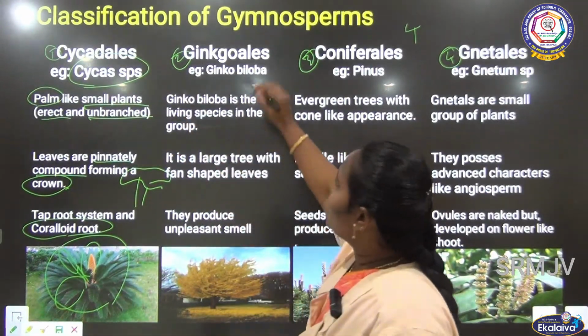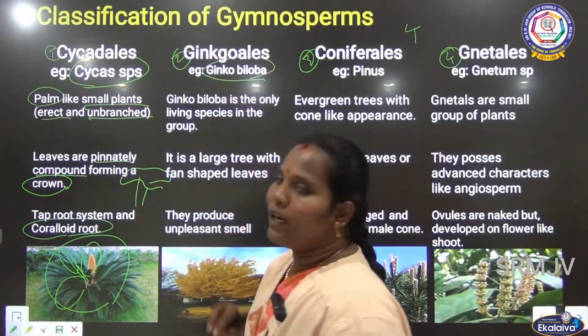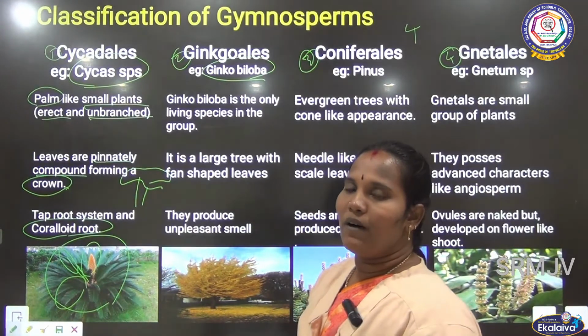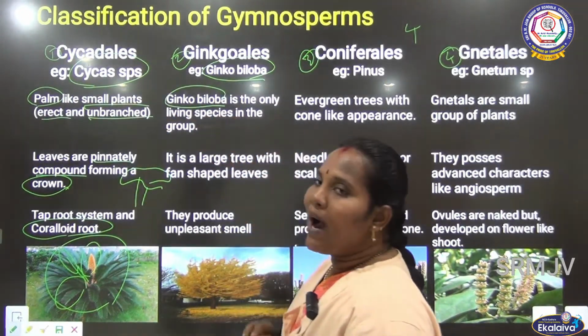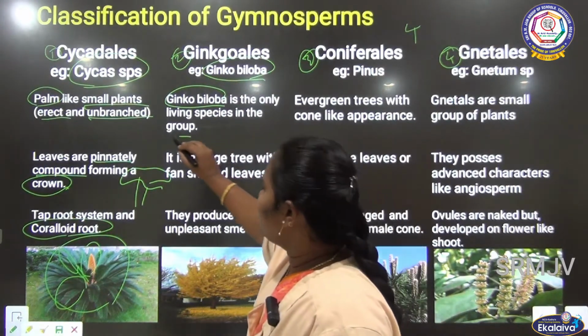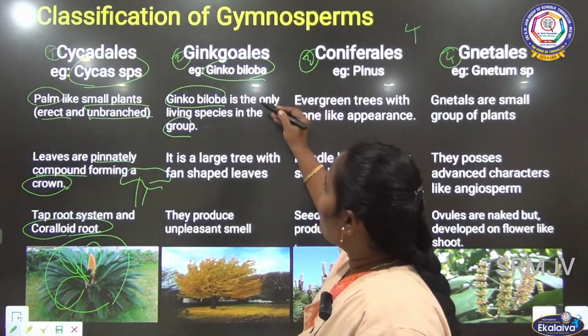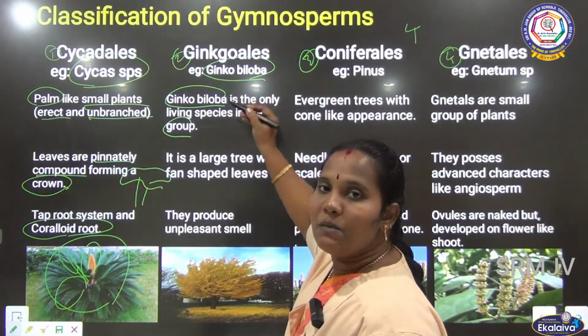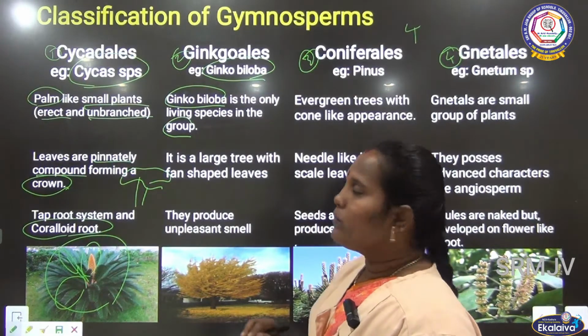Next one is the Ginkgoales. The example for the Ginkgoales is Ginkgo biloba. Ginkgo biloba is the only living species in this group, in the gymnosperm classes.